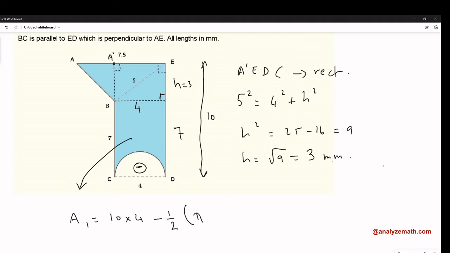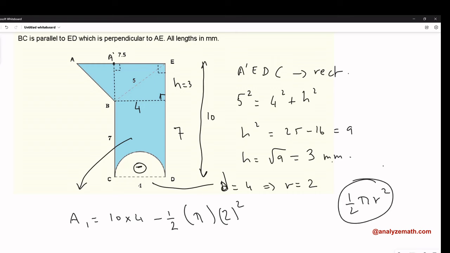What is r here? The diameter, small d, is equal to 4, therefore the radius is equal to 2. So pi r squared, 2 squared. Remember the formula for the area of a circle is pi r squared, and for a semicircle it's half. This is what we have done here.